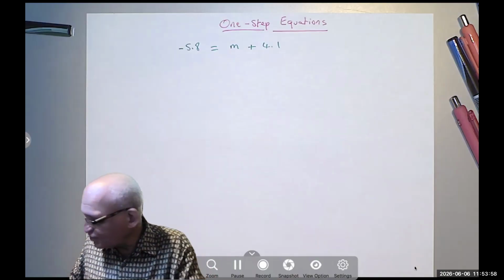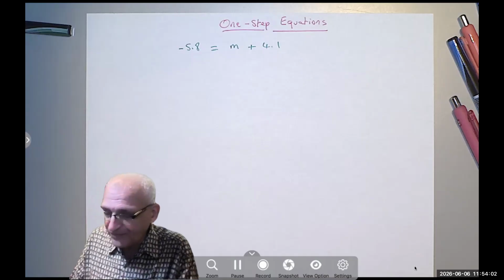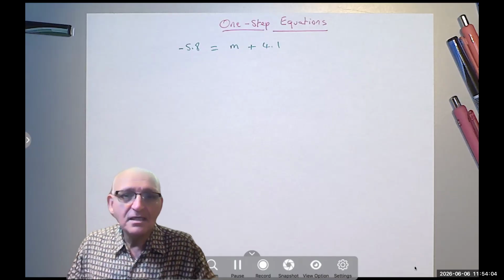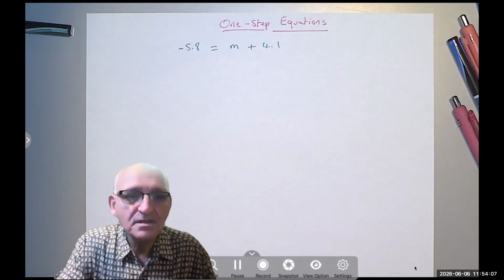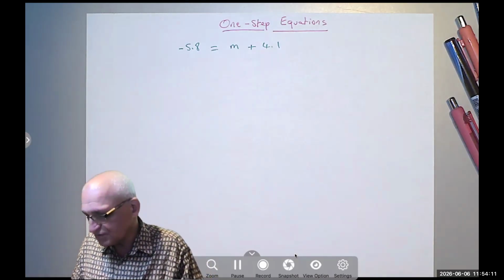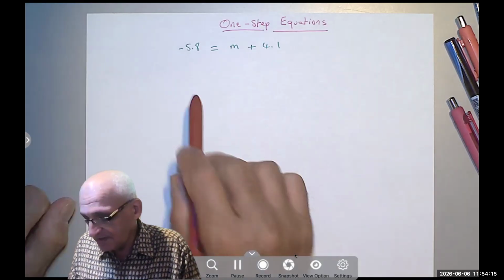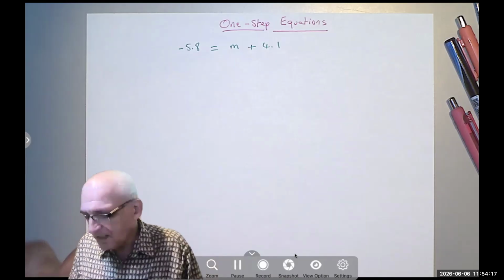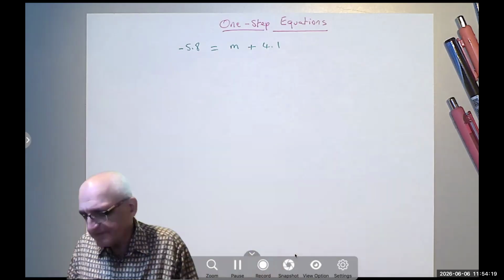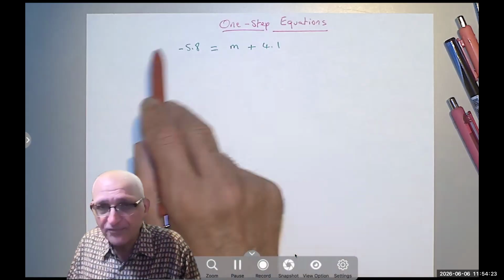Notice, I can do the following, and many students would prefer to move things to the left-hand side. Oh, I'm sorry, what happened? I think I clicked a button to change the screen without noticing. So some people would say, I want the M on the left-hand side and the numbers on the right-hand side. So let me subtract M from both sides.